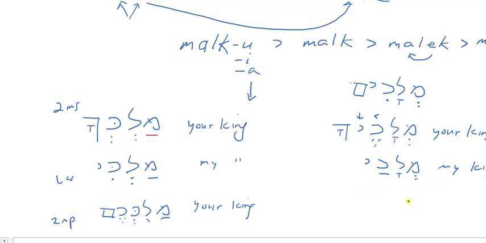Okay, and then to say your kings, where we're talking about a masculine plural you added to a plural form of kings, we'll go ahead and use the vowel points and then show you what happens.